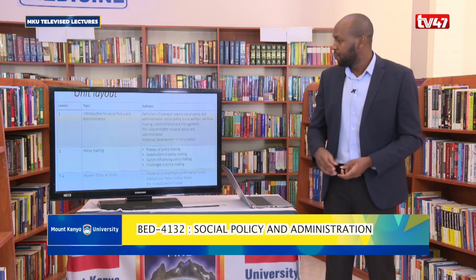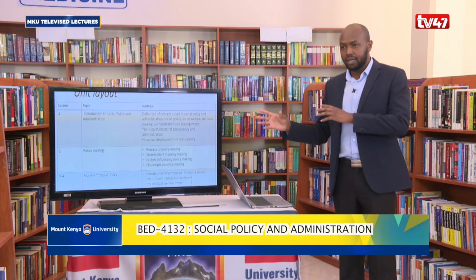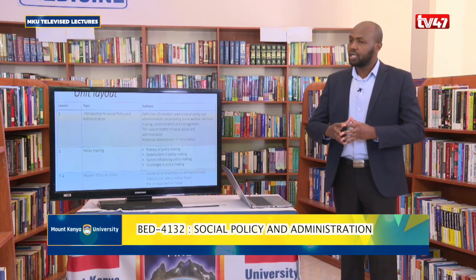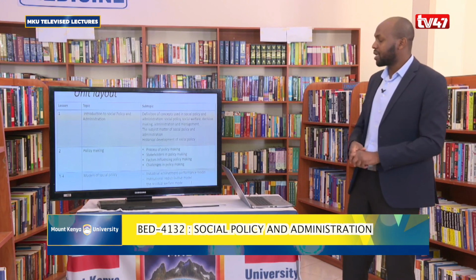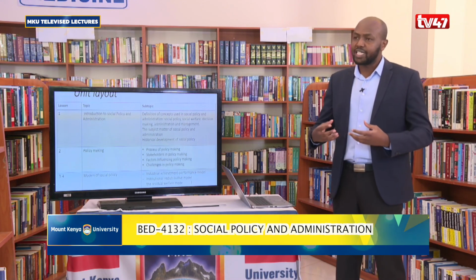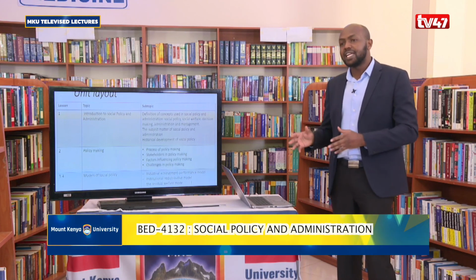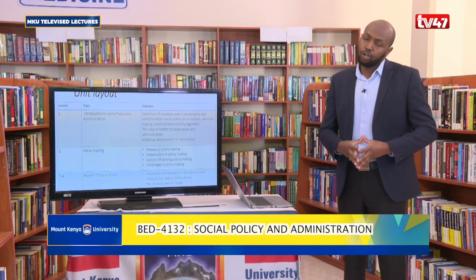But we do have a history of the point at which social policy became formal legislation that a nation or a society can enact and commit itself to follow through.